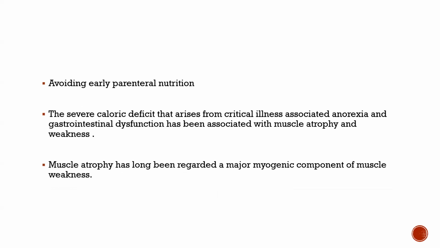Then, avoiding early parenteral nutrition. The severe caloric deficit that arises from critical illness, associated with anorexia and gastrointestinal dysfunction, has been associated with muscle atrophy and weakness. So muscle atrophy has been regarded as a major myogenic component of muscle weakness.